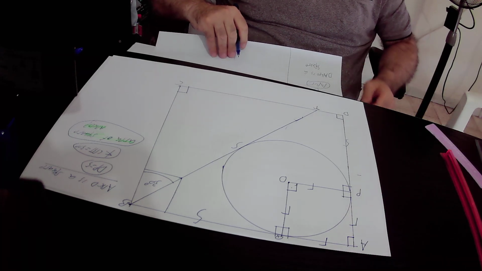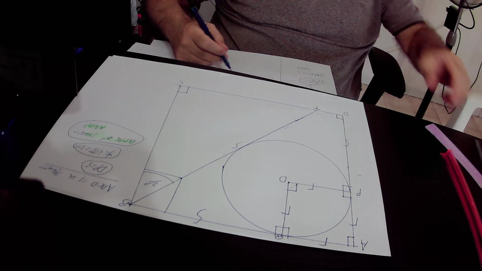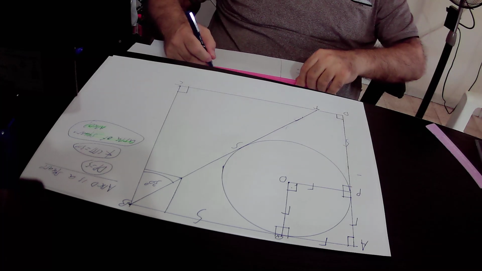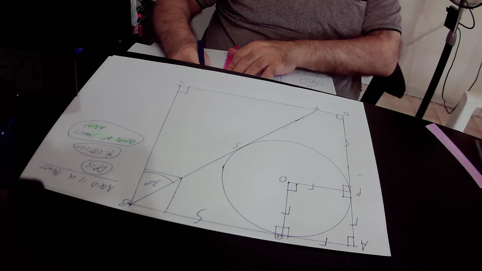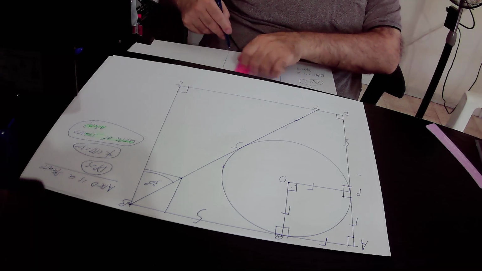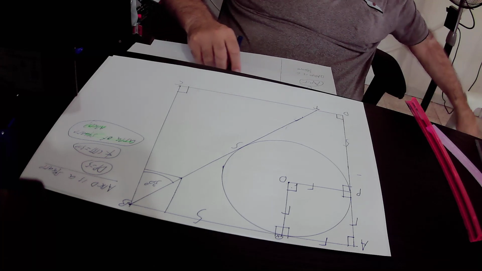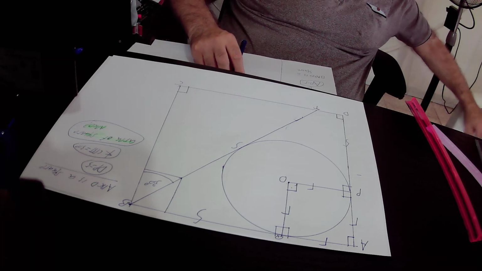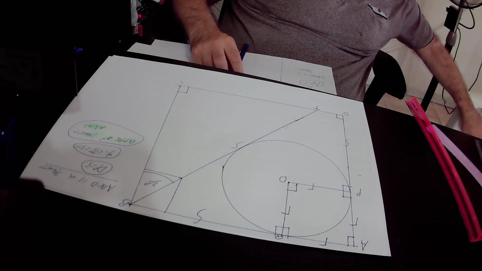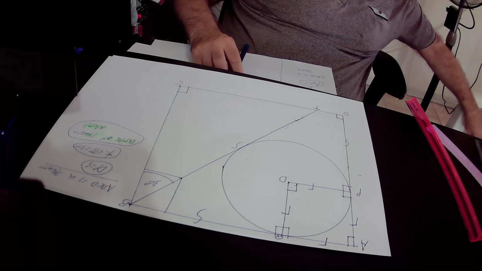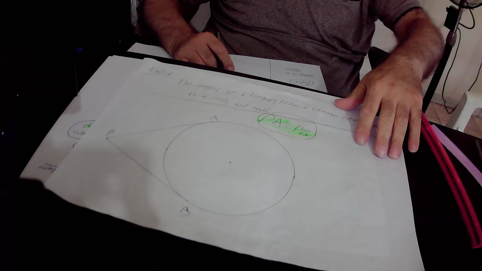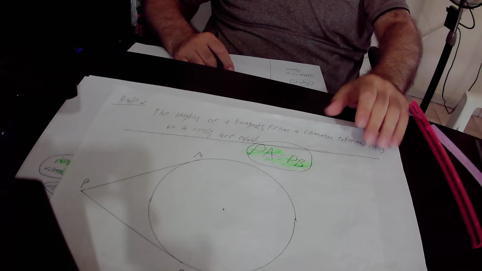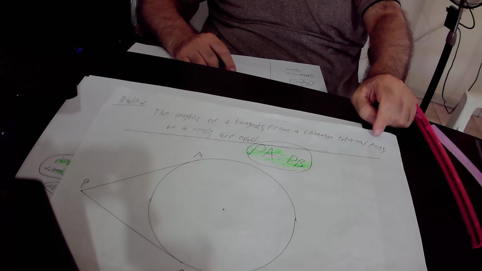In the next step, we will implement rule number 2 in our drawing. According to rule number 2, the lengths of two tangents from a common extreme point to a circle are equal.